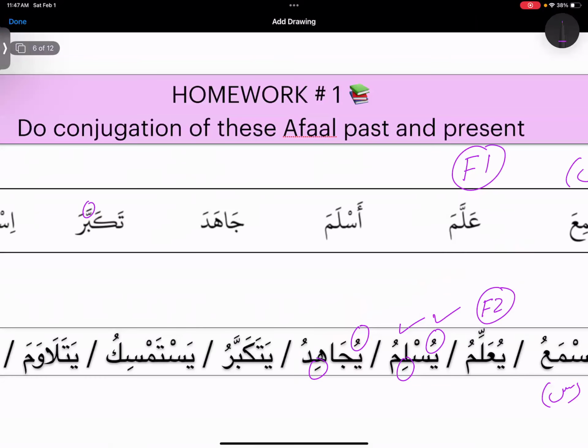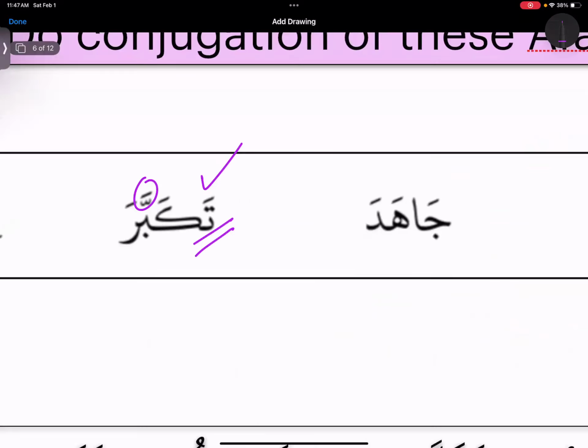But did you see this extra ta? It has 5 letters here. This ta is not the sign of mudariya, because my last letter has a fatha, and that tells me this is madi, even though it has a ta at the beginning. In mazid fihi, there is one bab which starts with ta.